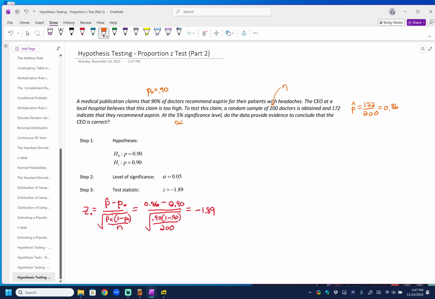So we used the problem and all of this information in order to formulate our null and alternative hypothesis. We were stating that this is a left-tailed test. Remember, the CEO thought it was too high, which means he expects it to be less. Level of significance alpha is 0.05. And then here I just showed you how we calculated the test statistic in order to get negative 1.89.